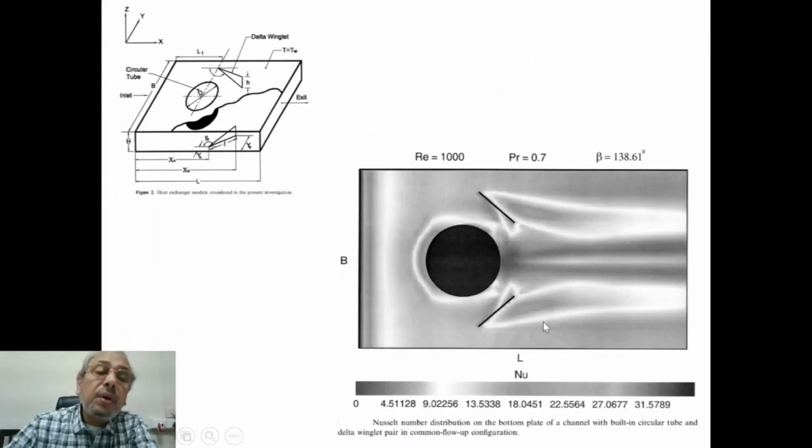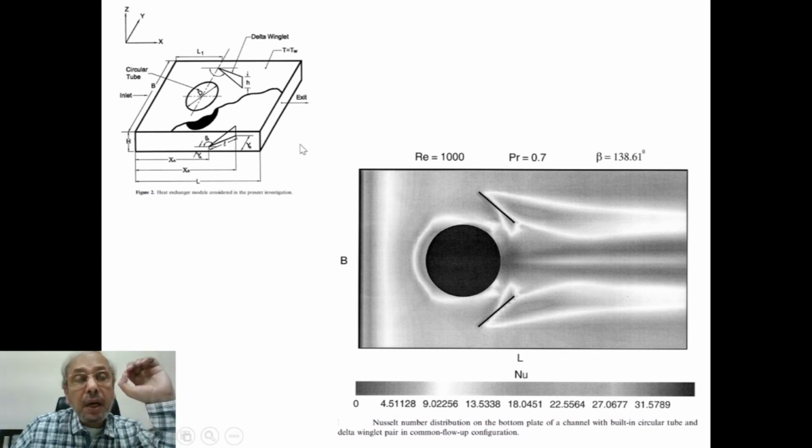We will go for another example. This is taken from flow simulation in a module of a fin tube heat exchanger. In fin tube heat exchangers, see, this is a tube and there will be a number of tubes.